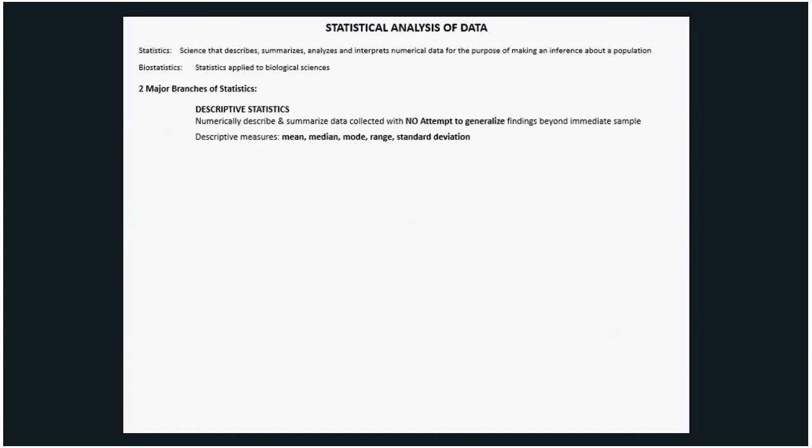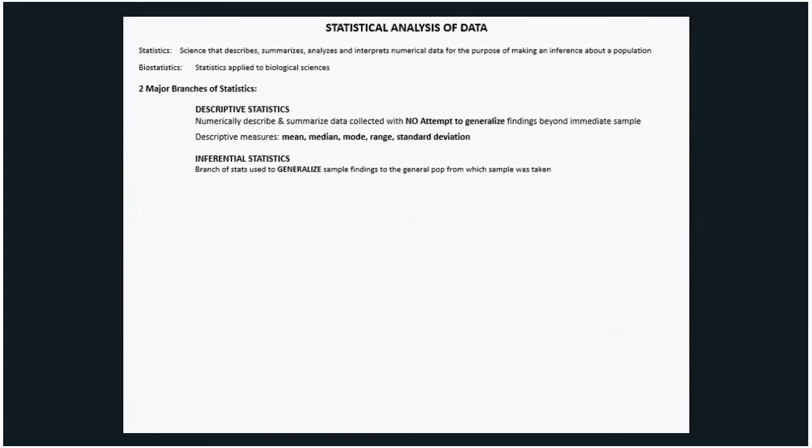That's descriptive. Whereas inferential, there is another set of tests that you can run that takes this information about your sample, and that's used to generalize your sample findings to the entire population that you're looking at, to the population from which the sample came, all right?